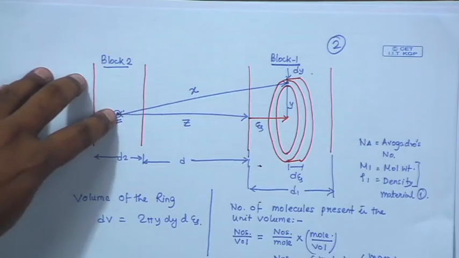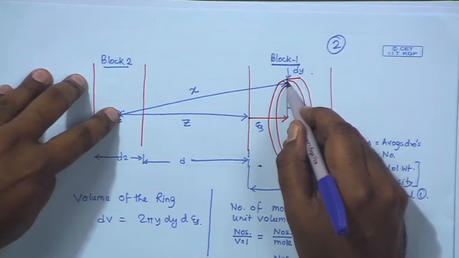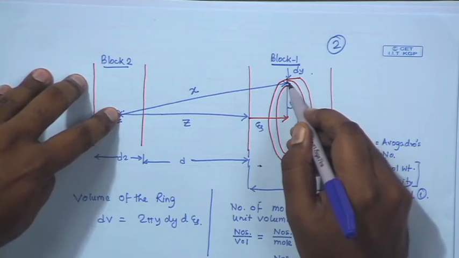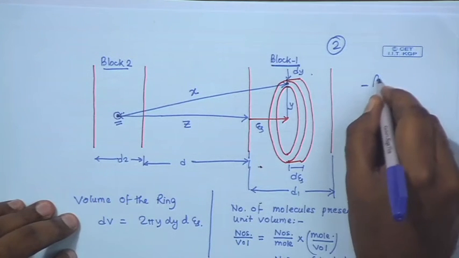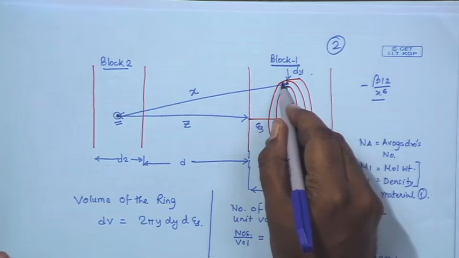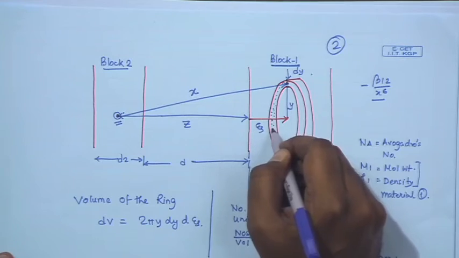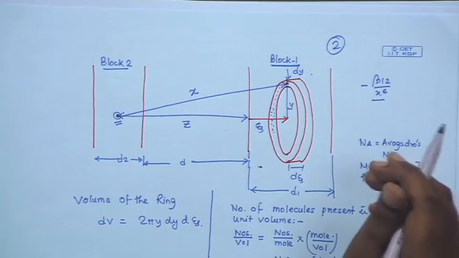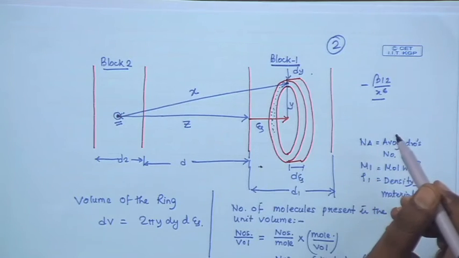The strength of interaction of this molecule of 2 with one molecule of material 1 is given by this. It has the same strength of interaction with all the other molecules present in the ring, right. We are assuming that all the molecules present in the ring are at a distance of x from this particular molecule.